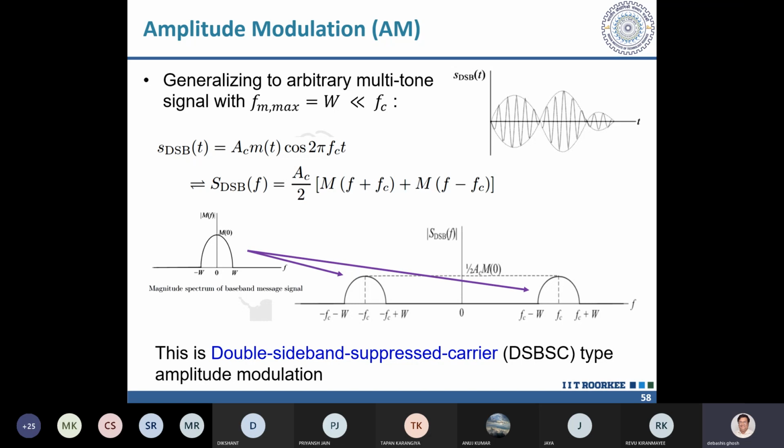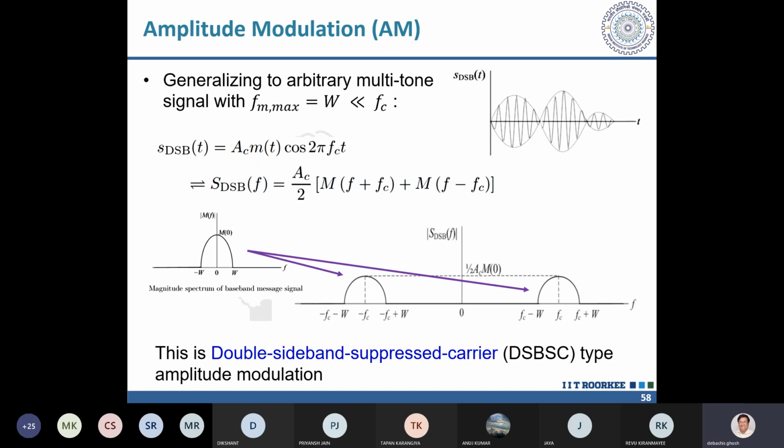Whatever mathematical treatment we do for one sinusoid, the same treatment is valid for all the sinusoids, because my multi-tone signal is basically the addition of all the different sinusoids of different frequencies. So if I do the same mathematical analysis for each and every sinusoid present in my message, I will get the same result.